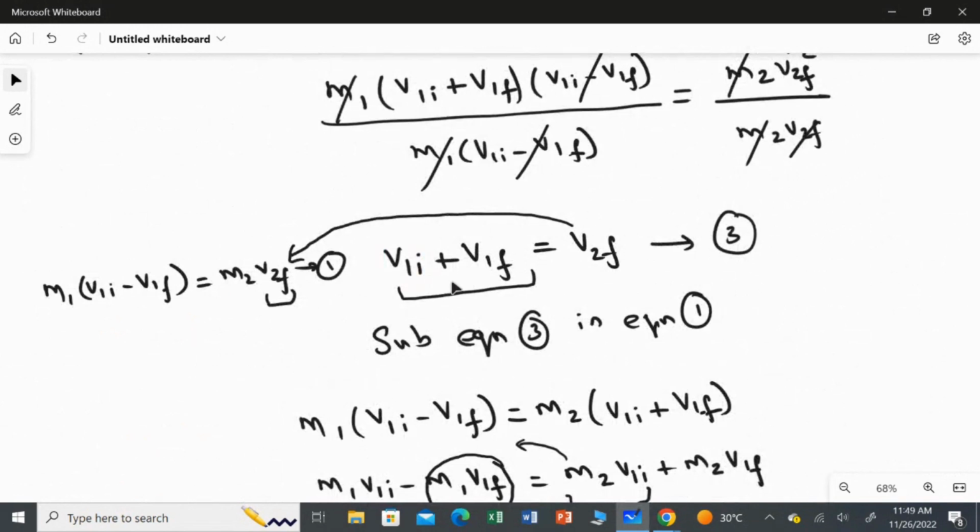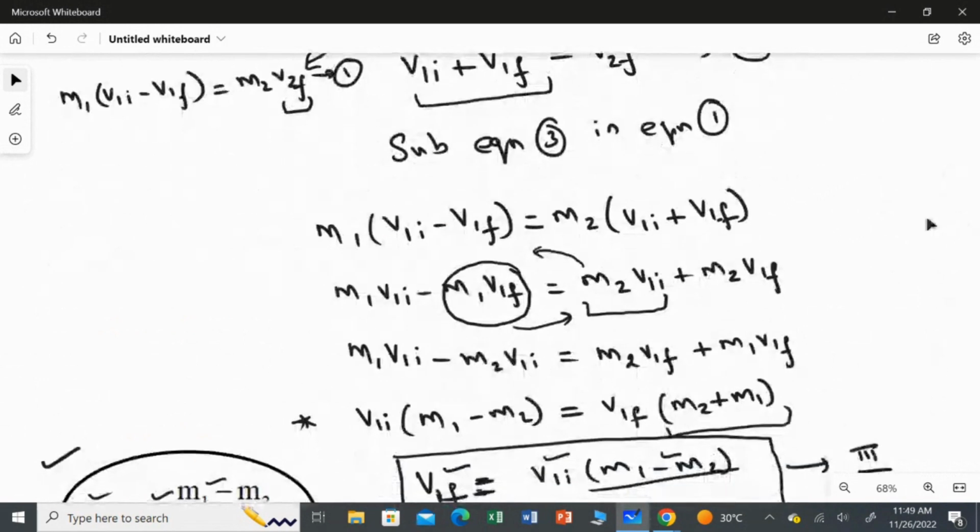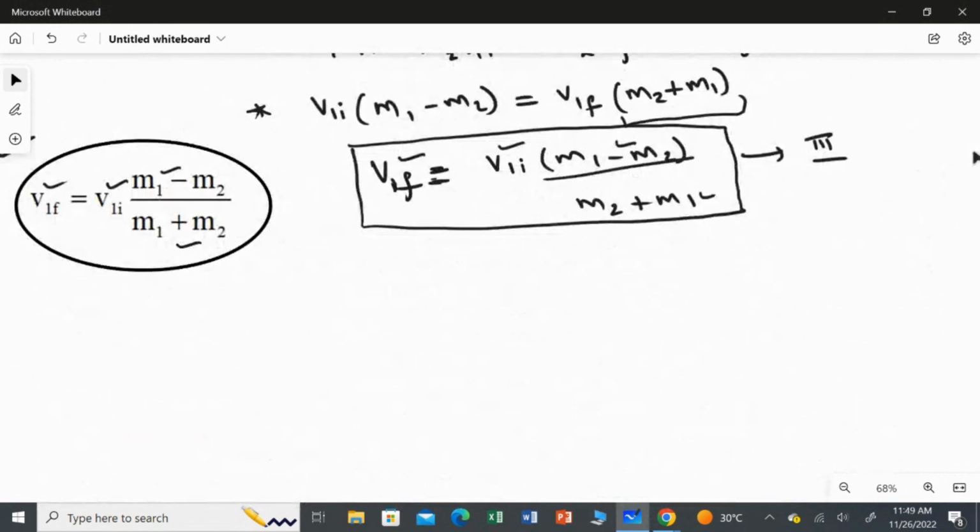So if you can write this equation here, which is V2F equal to V1 initial plus V1 final. I am going to write this equation here. By that, it will be easy for our substitution, right? So our third equation is V2F, which is equal to V1 initial plus V1 final.